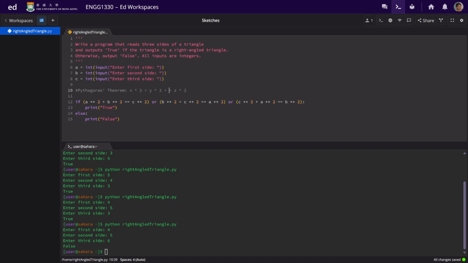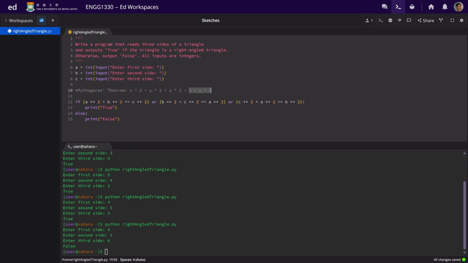See, if we added square of z to both sides of this equation, so on the right-hand side, it will be 2 times square of z. In this case, the left-hand side would always be the sum of the square of the 3 sides. So in our variables, it's square of a plus square of b plus square of c.